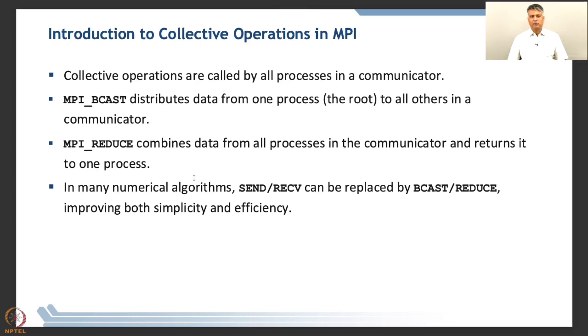So essentially in collective operations, all processes, i.e. all rank numbers in a communicator, are called together. For example, you have the MPI broadcast function. It takes the data from one process and sends it to all the other processes within the communicator. This can be sent typically from the root, which keeps things simple in terms of an algorithm, but it need not be restricted to the root process.